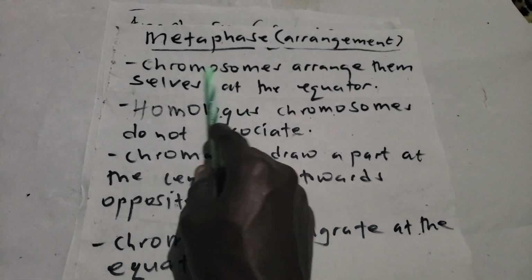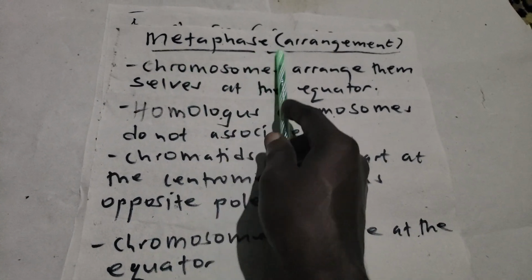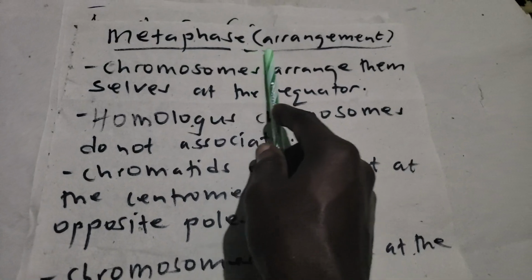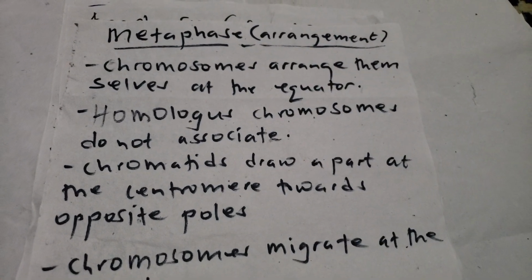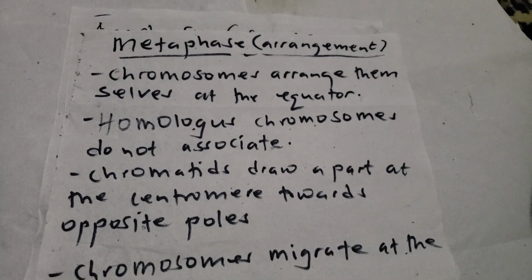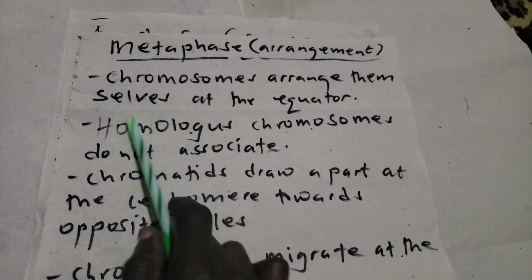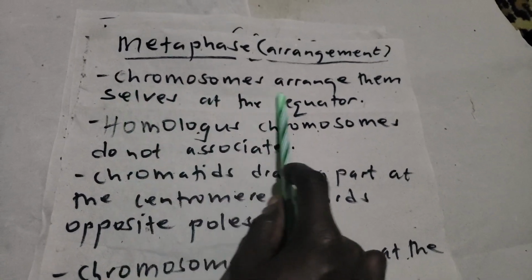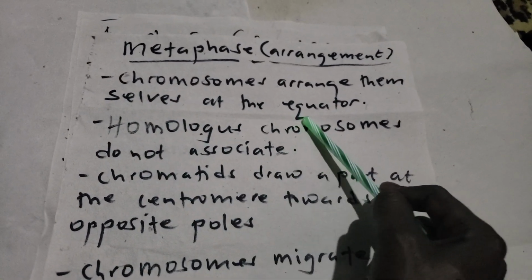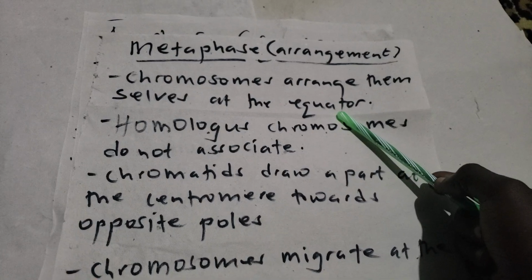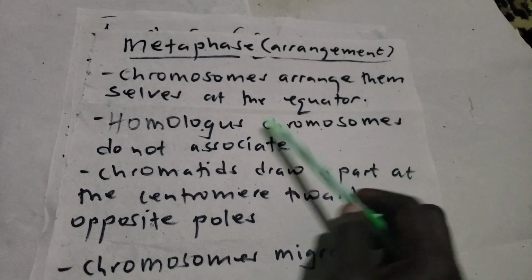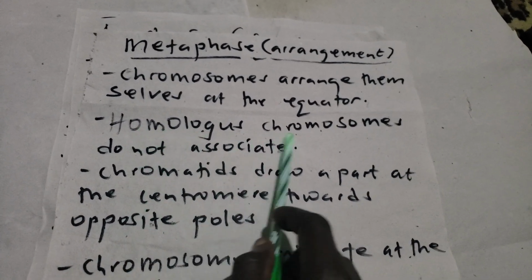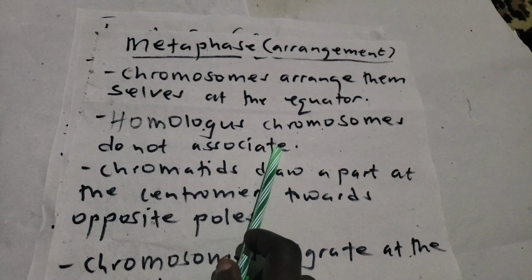The next stage is called the metaphase, and it can also be called the arrangement stage. So in metaphase, we are seeing that chromosomes arrange themselves at the equator, as we shall see at our drawing below. Then we are saying that the homologous chromosomes do not associate.